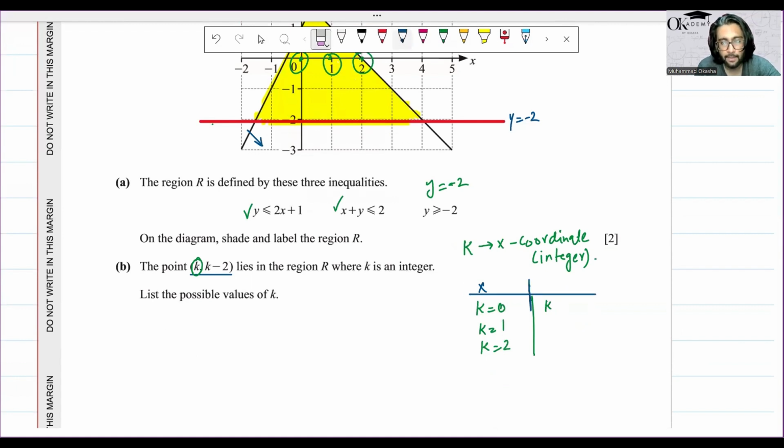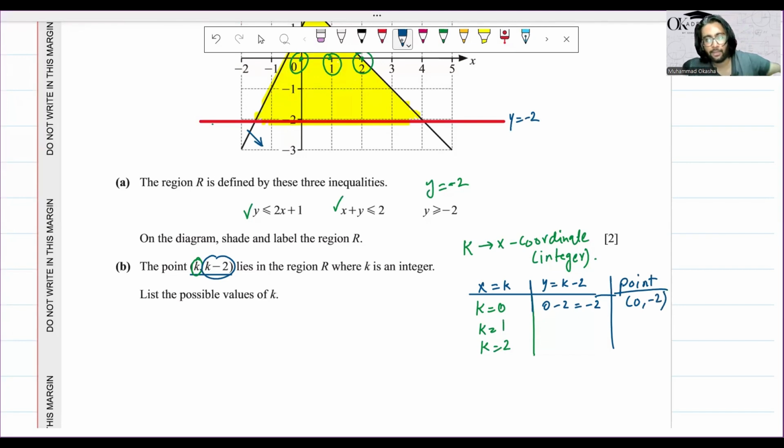So if x is k, y is k minus 2. If you do k minus 2 with k equal to 0, it is 0 minus 2, which is negative 2. So the point is (0, -2). Does the point (0, -2) lie in the region?